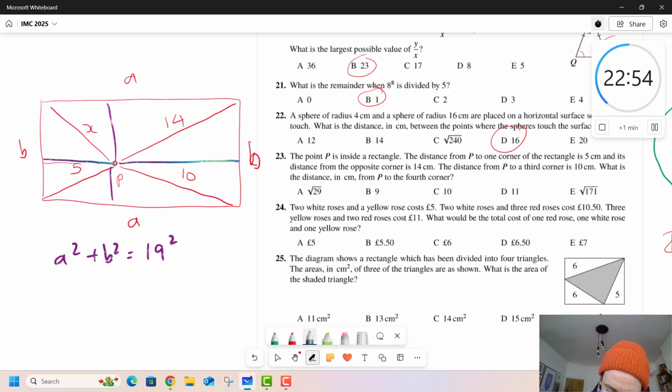A, B, B. So A squared plus B squared equals x squared. A squared plus C squared equals 5 squared. D squared plus C squared equals 10 squared. Yeah, I've got something going here. That's 14 squared, and we know that A plus D squared plus B plus C squared equals 19 squared.